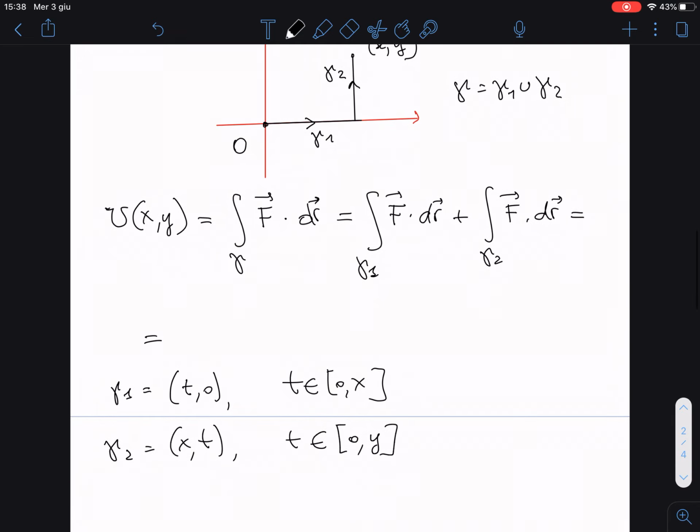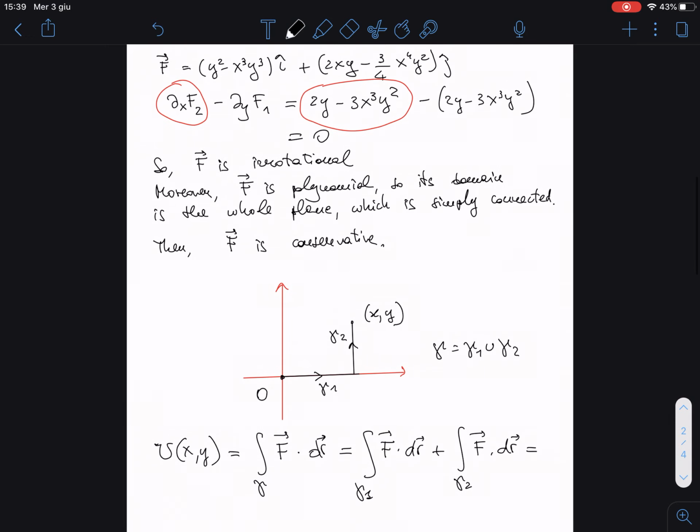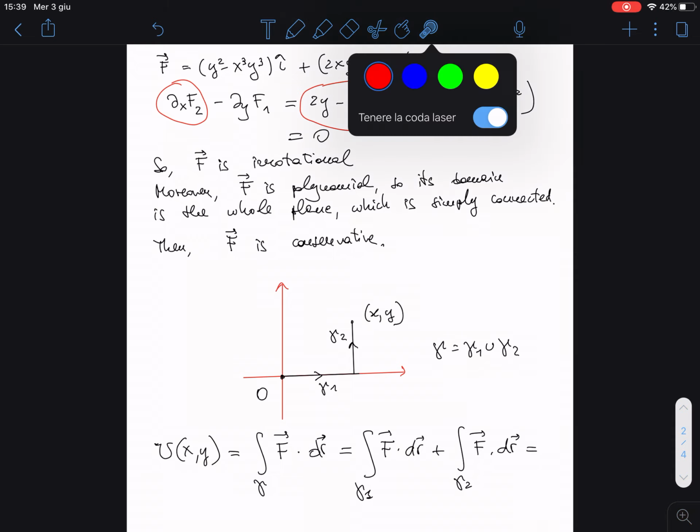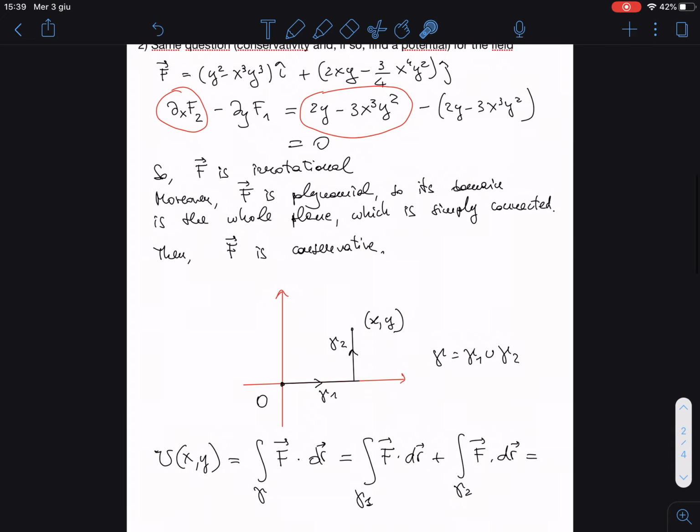Now we see that on gamma 1 we have r dot equal to (1, 0), and on gamma 2, r dot is equal to (0, 1). Here f has this x component, the only one that survives, but this component is equal to 0 on the curve gamma 1, because here we have y equal to 0. If y is equal to 0, this is always equal to 0.